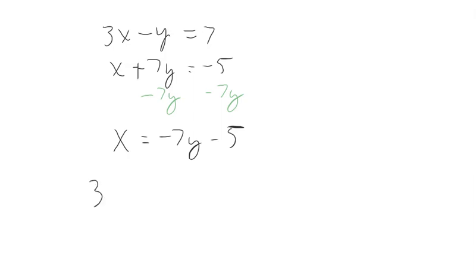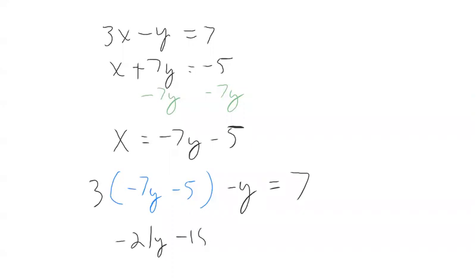So I have 3 times the quantity negative 7y minus 5, minus y equals 7. So 3 times negative 7 is negative 21y. 3 times negative 5 is negative 15. Minus y equals 7.